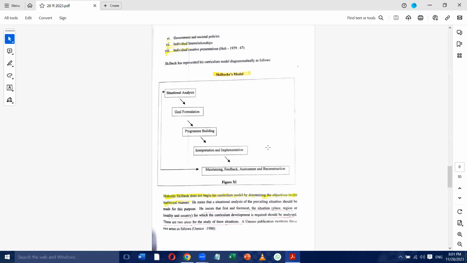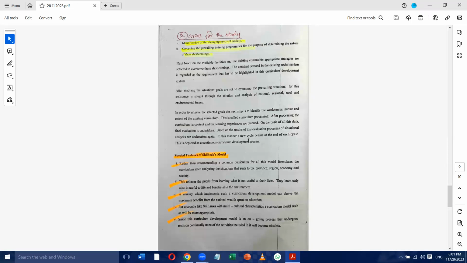So these are two areas for the study of their situations. A UNESCO publication mentions these two areas as follows, right? So there you are going to study about the situation. The UNESCO has mentioned it like this. We'll see that. So two areas for the studies.